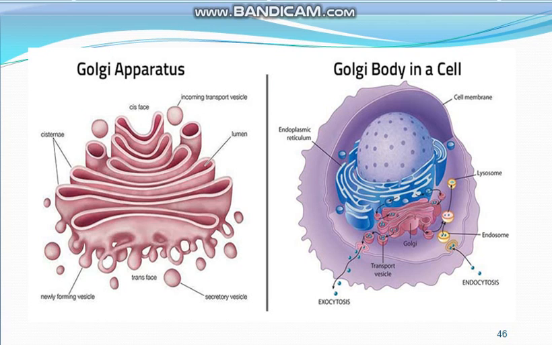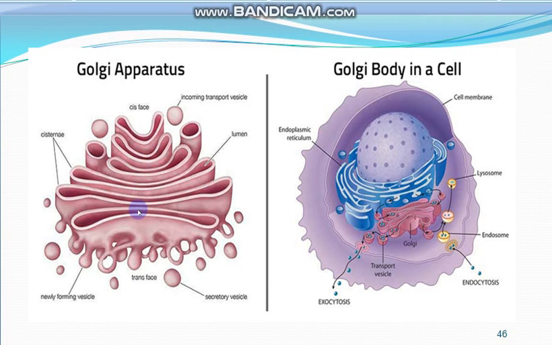So now you should understand that, first of all, suppose here the smooth endoplasmic reticulum is located, then vesicles will bud off from the smooth endoplasmic reticulum, then they will come inside or fuse with the cis phase or the forming phase of the Golgi complex. These are the cisternae, and this process will go on from here to here.